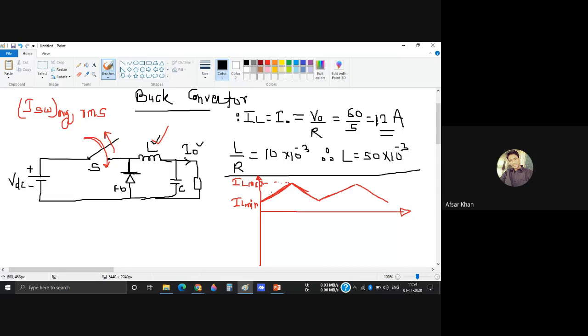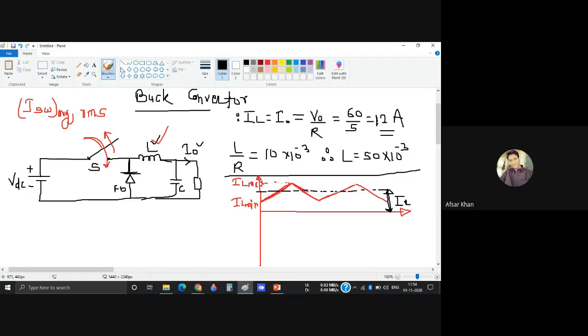Then the average value I can take here, and I will name it IL. This is our average value. This is the one-time concept. If you remember, you can solve every problem.